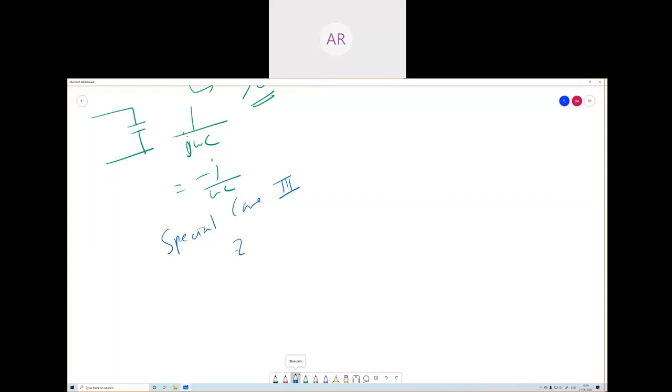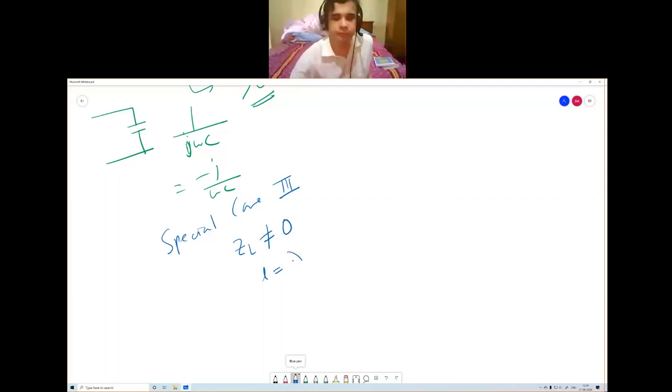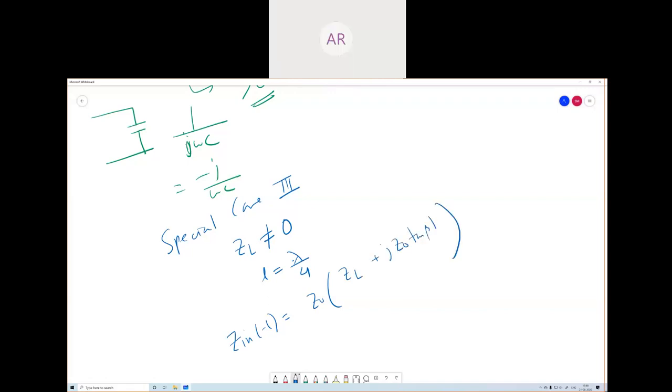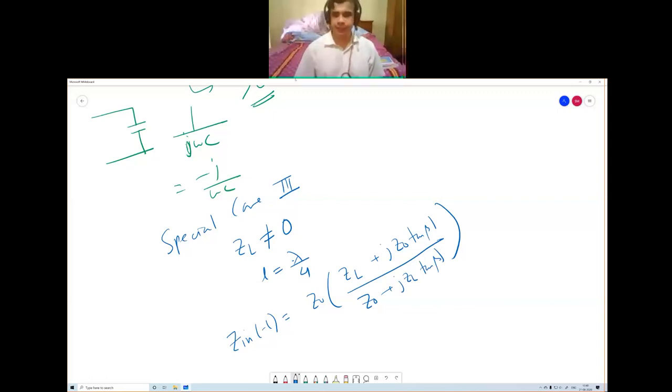ZL is not 0, but L is equal to lambda by 4. Then what happens? I am repeating the ZL value for your confidence. We take that ZL is now not 0 and L is now lambda by 4.